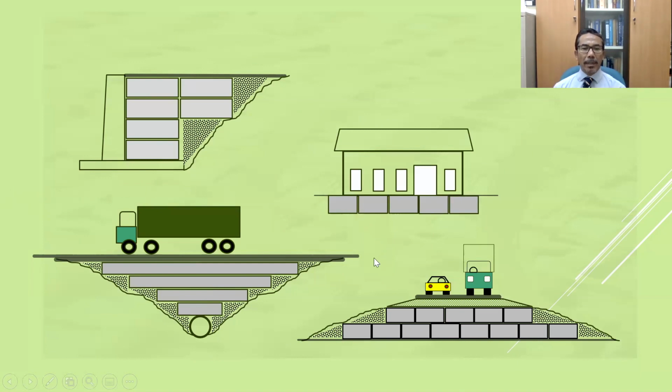Another example of utilization of geofoam is to protect utility. If we look at this schematic diagram, let's say we have a culvert here.